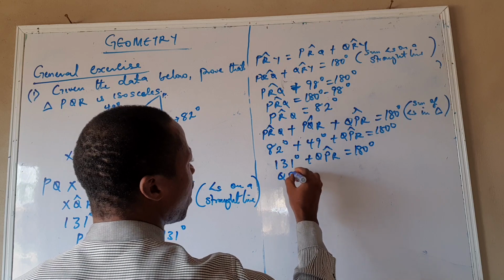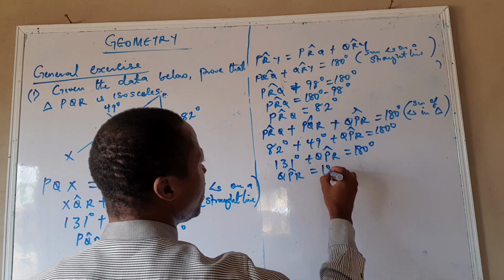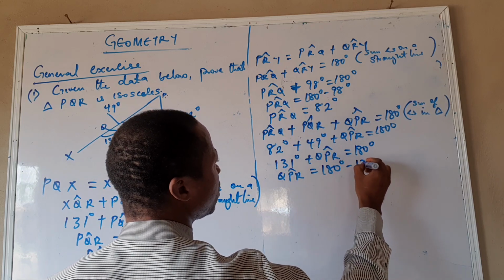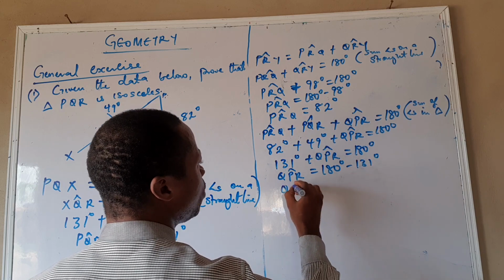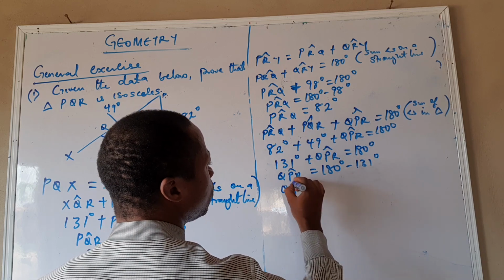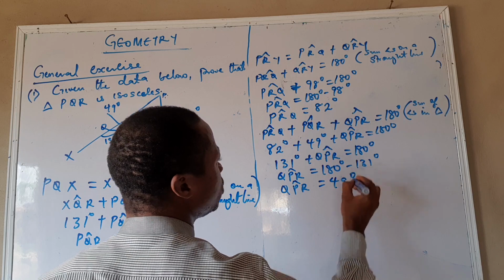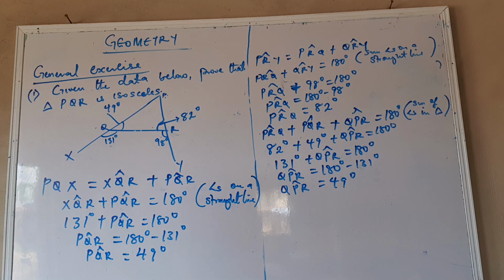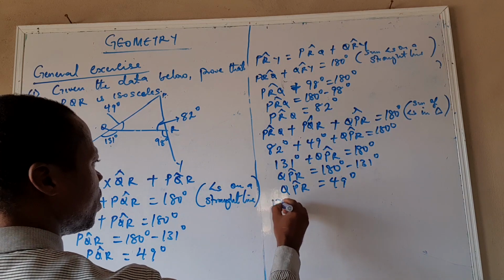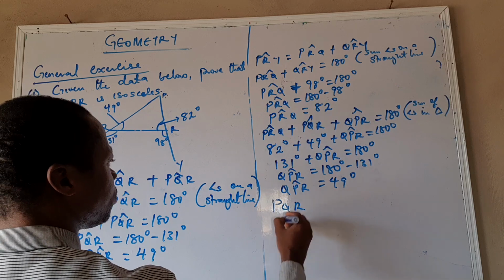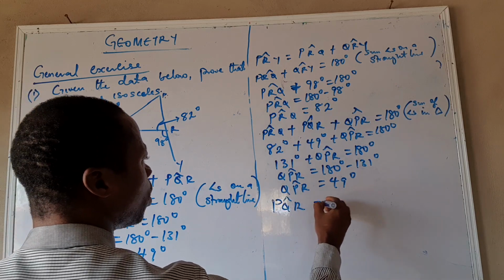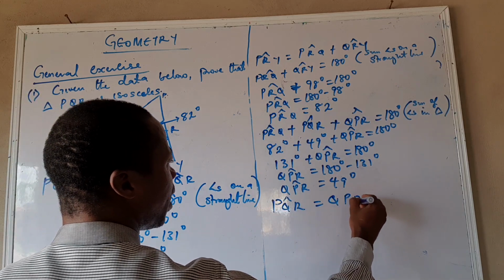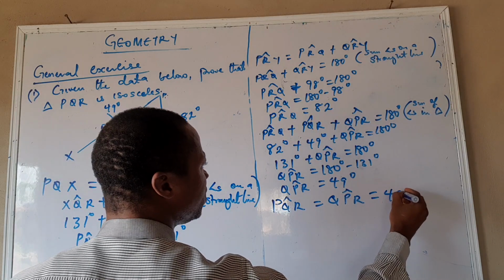So our QPR is 180 degree minus 131 degree, and QPR will give us 49 degree. So from here now, we can conclude that our PQR is equal to our QPR, which is equal to 49 degree.